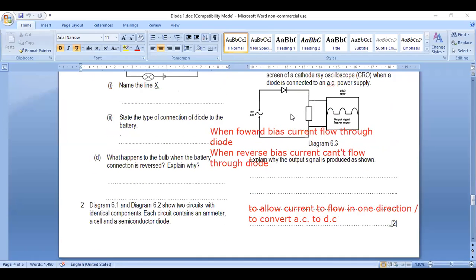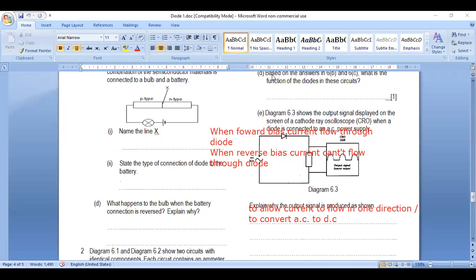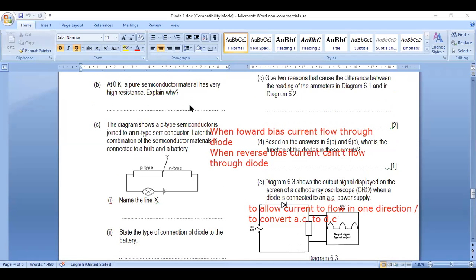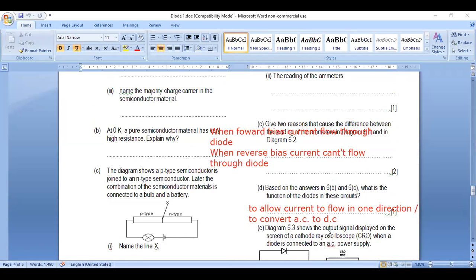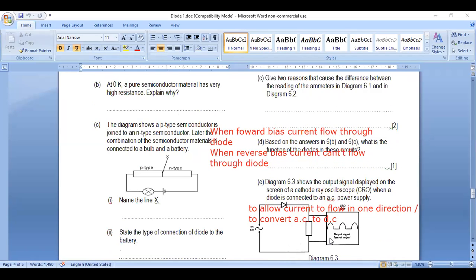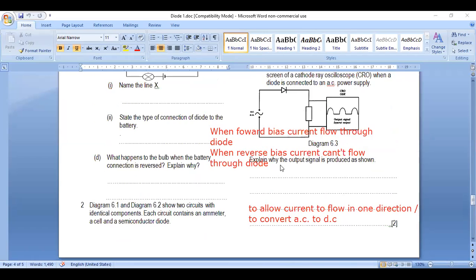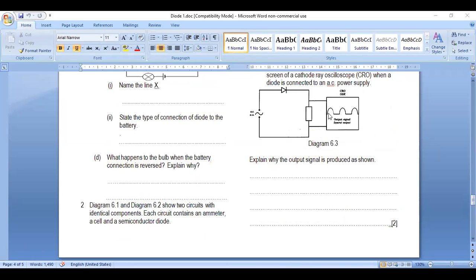Now next, diagram 6.3 shows the output signal displayed on the screen of the CRO when a diode is connected to an AC power supply. Explain why the output signal is as shown in the diagram. That means why the output is like this.